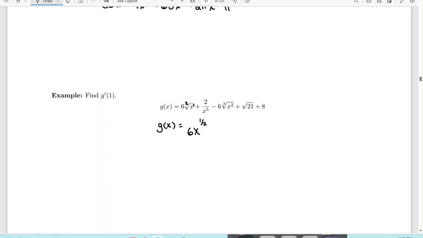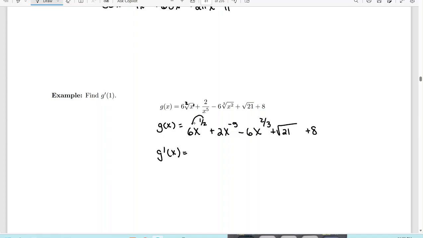Rewrite power over root. x to the 5th in the denominator is going to move up, so that becomes 2x to the negative 5. This is minus 6x to the 2/3. I'm going to leave the square root of 21 alone because 21 is a constant, and when I take the derivative of it, it's eventually going to go to 0. And the same with the number 8. It's a constant. Now go ahead and take the derivative.